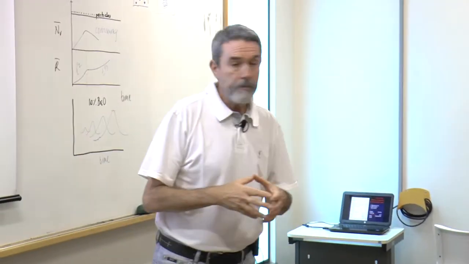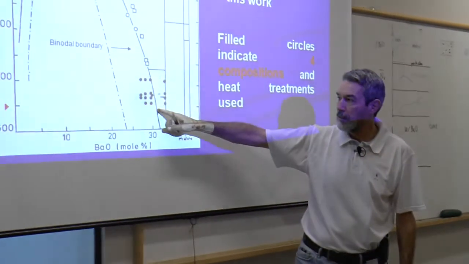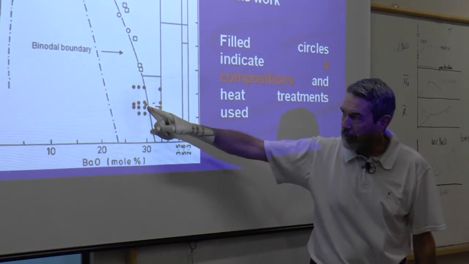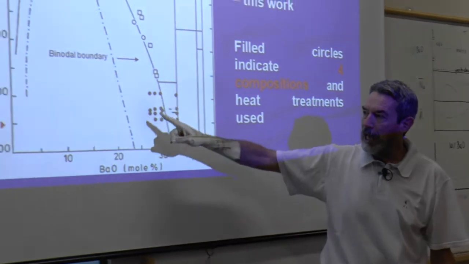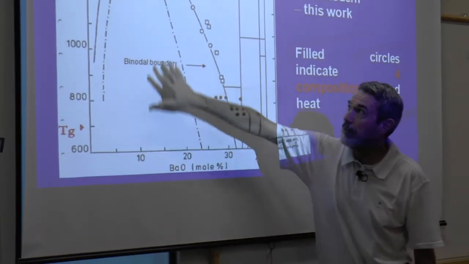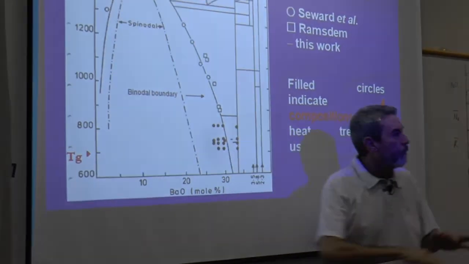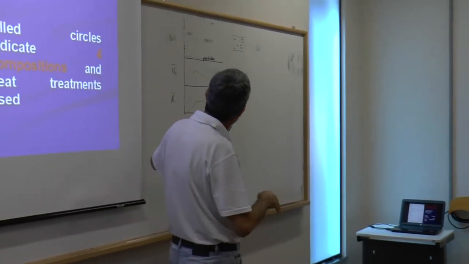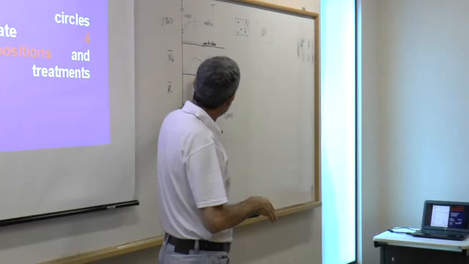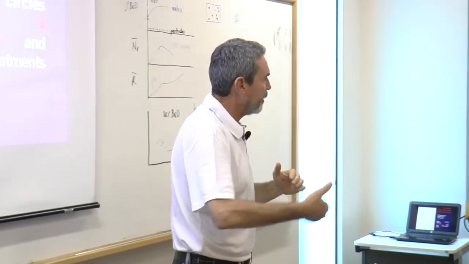The end of the process is always fixed by the binodal boundary. So even glasses which are inside the spinodal area will separate in a different way, but in the very end, they will reach a coarsening stage and everything else.